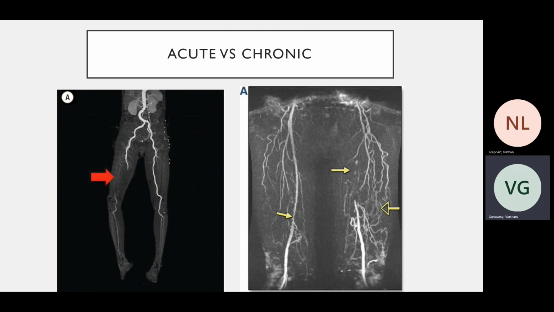So this vessel here is missing on this side, the SFA, but look at all these collateral vessels that have developed over time. So that's why these chronic limb ischemia patients present with this slow course: first they claudicate, then they have rest pain, and then they develop the wound. And these patients that have acute limb ischemia, they rapidly degrade, within 6 to 12 hours.